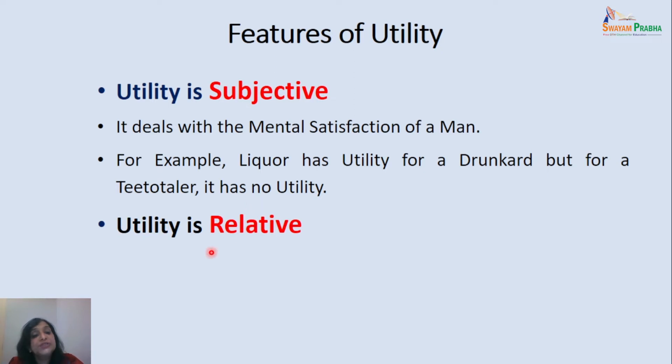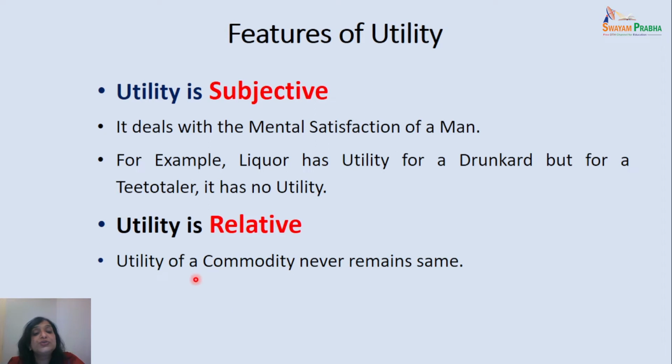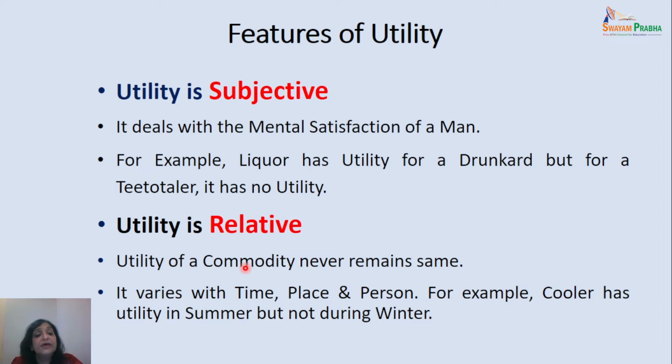Second, utility is also relative. That is, the utility of a commodity will never remain the same. As we just took the example, a cold drink in the summer month may give you a different satisfaction, the same cold drink during the rainy season will give you a different satisfaction, and the same cold drink during winter will give you a different satisfaction. So utility is relative. Therefore, it varies with time, with place, and with person.